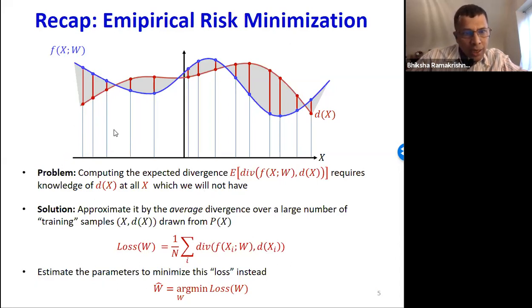Instead of computing the expected divergence, which is this shaded area over here, we now approximate it as the sum, or the average, of the divergences at each of these training instances, basically the average of the lengths of these lines. So this forms our loss, and this loss approximates the expected divergence. We estimate the network parameters to minimize this loss instead.